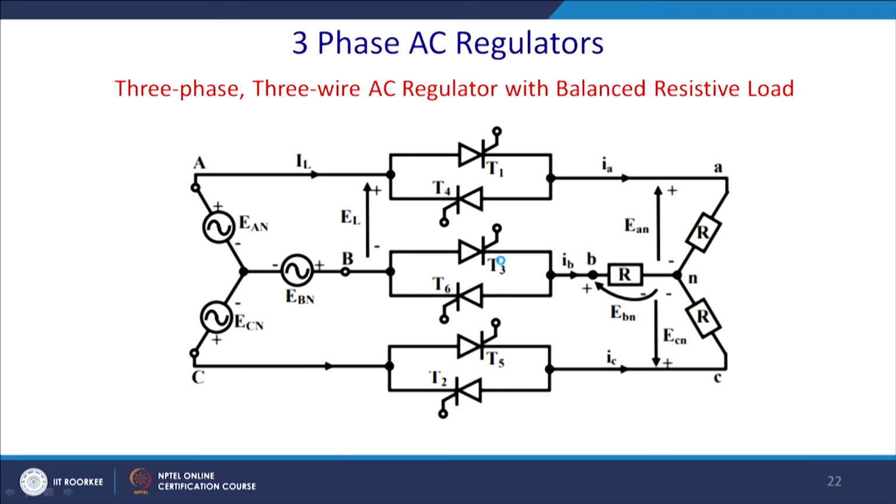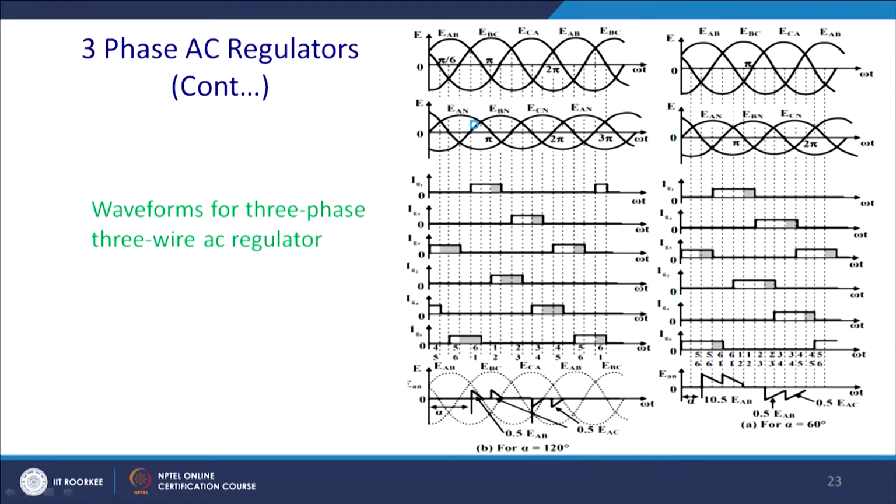Once you extend it to the 3-phase system, you have a 3-phase 3-wire AC regulator with a balanced resistive load. Since it is a resistive load, there is nothing special here, you will get the same thing. So, you have to maintain the sequence. The most positive phase should conduct, and you have to see that the most positive phase and the most negative phase of the thyristors conduct. So, the same sequence has been followed here.